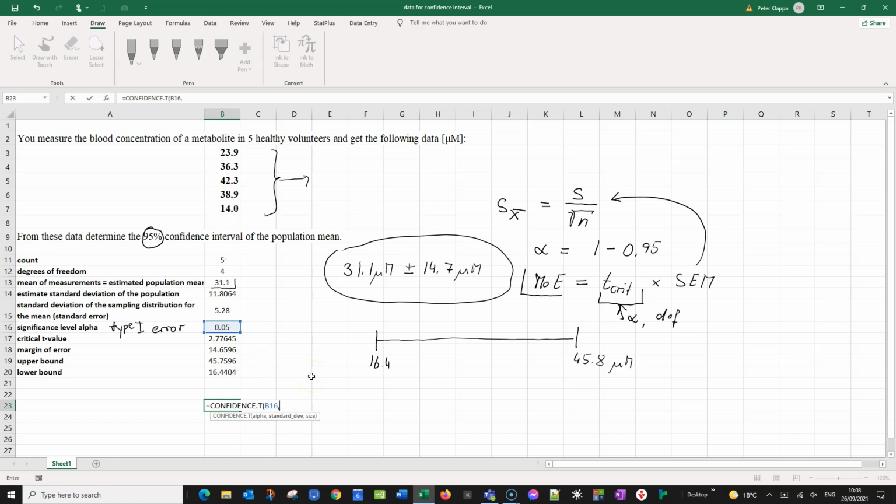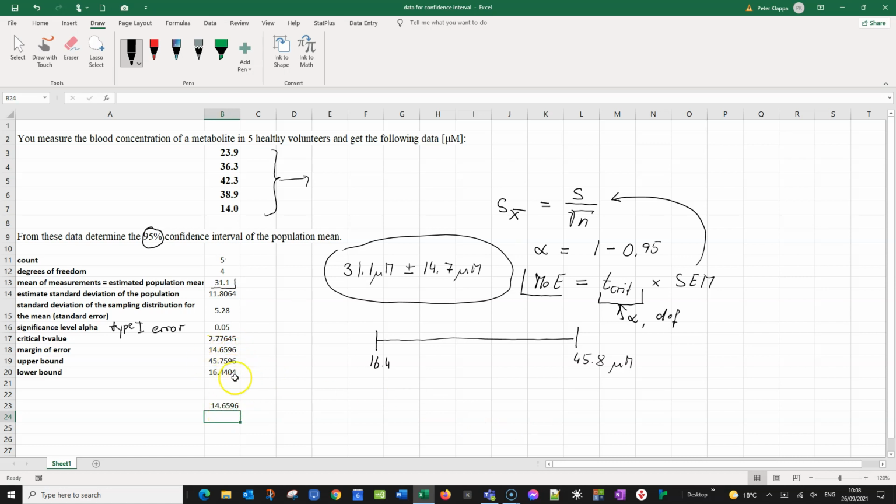It asks us about the estimated standard deviation, that's this one here, and it asks about the size of our sample, that's this one here. Close the bracket, and if everything goes well, we should get our margin of error 14.65.